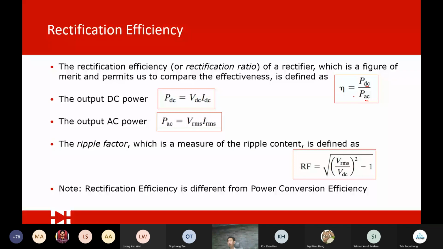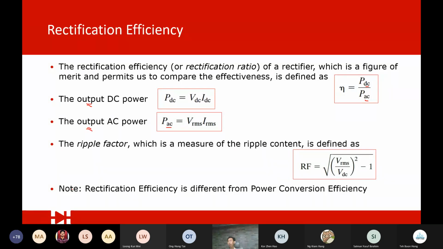How to calculate: the output DC power, you just measure V DC and I DC. And the AC power, you measure in the form of RMS, which means you are measuring the AC. Both at the output, remember, both at the output.